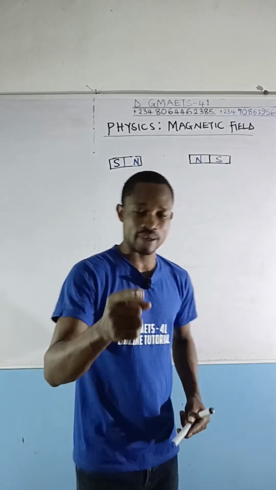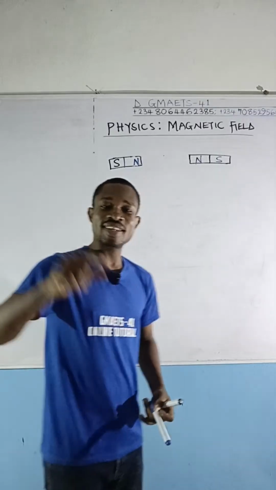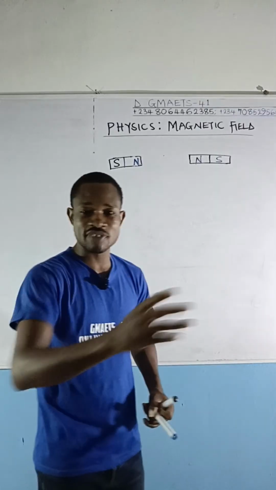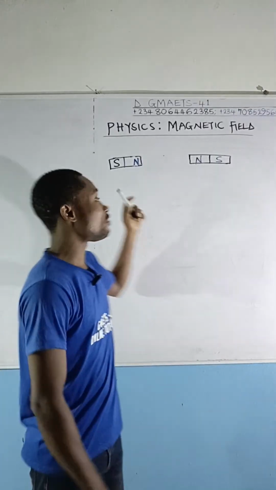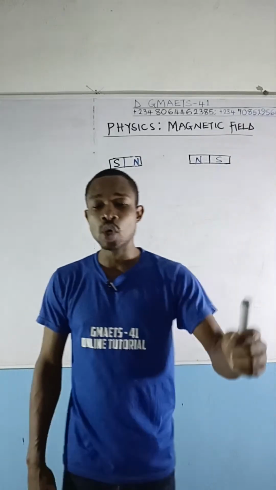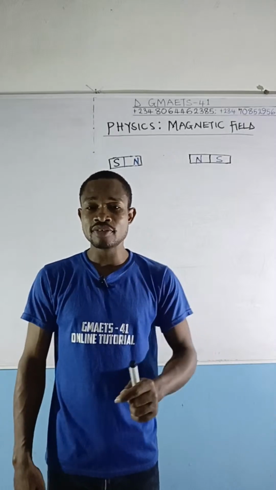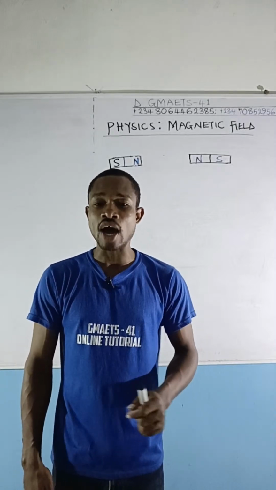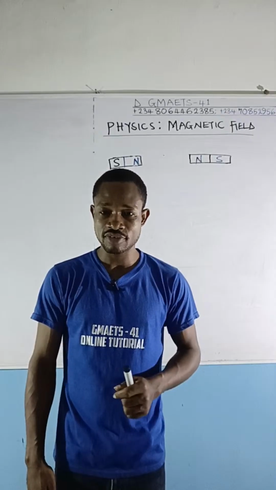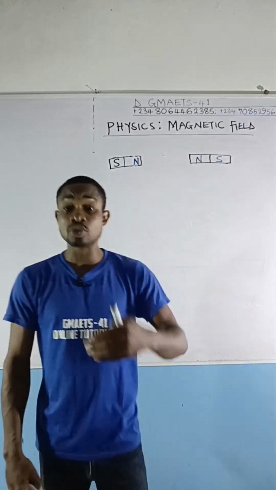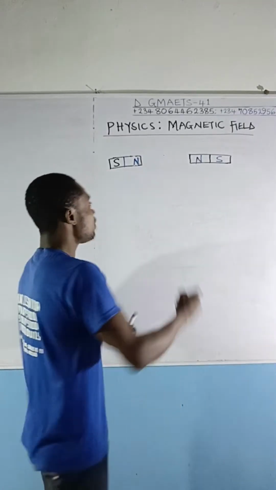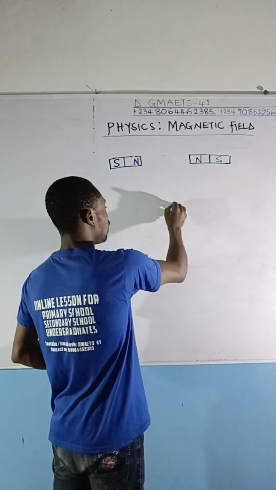In the same way that electricity is dipole because you have positive and negative charge, in magnetic field, magnet is also dipole because it has two poles, North and South. North behaves as positive, while South behaves as what? Negative. So if I am to draw the line of force, let me pick a North pole of a magnet.